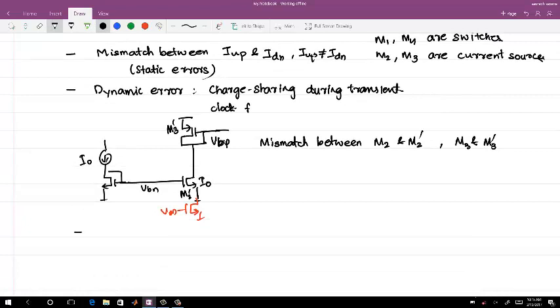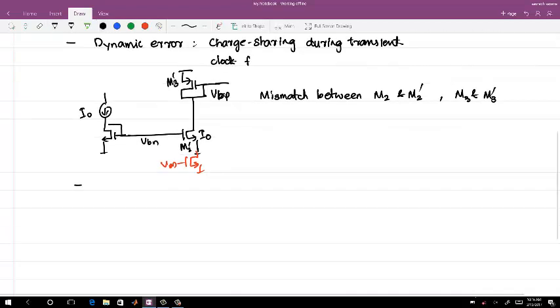What other thing can cause this? Any other thing which you think is possible? You have an up pulse and a down pulse, and up is going to the PMOS and down is going to the NMOS. The delay is a kind of input to output delay, right? When you give the up pulse, whether the PMOS switches on at the same time as the NMOS switches on, those delays will also lead to a different current at the output.